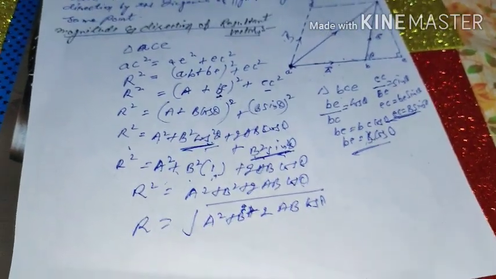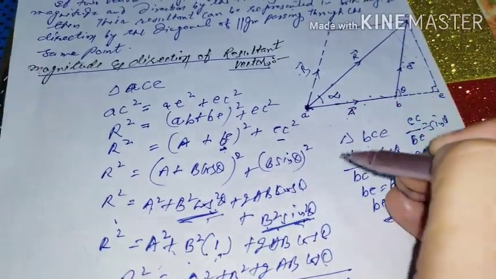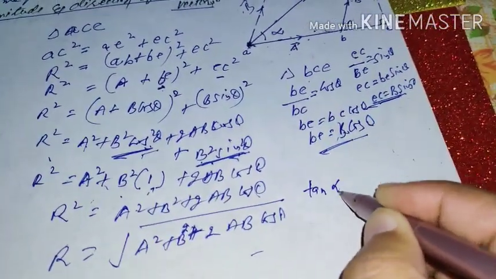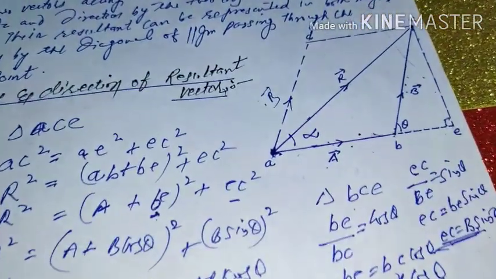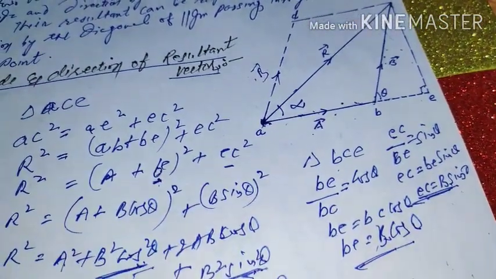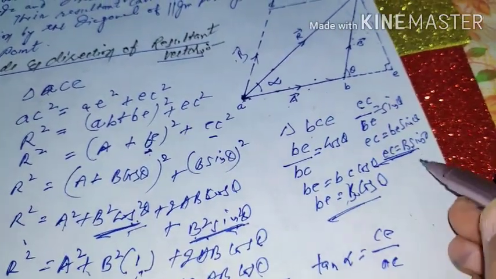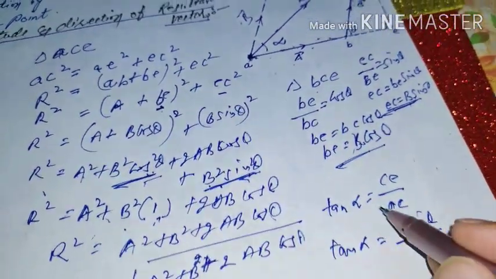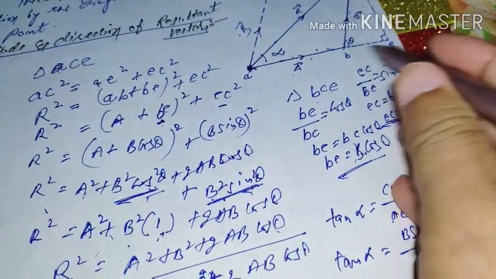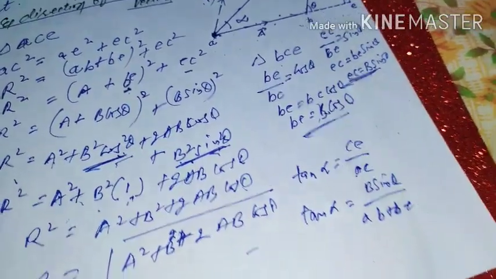To find the direction, suppose that your resultant R makes an angle alpha with A. For direction, you can use tan alpha, and tan alpha is perpendicular over base. Perpendicular from the diagram is CE and base is AE. So tan alpha, for CE, is B sin theta over AE. AE is AB plus BE.